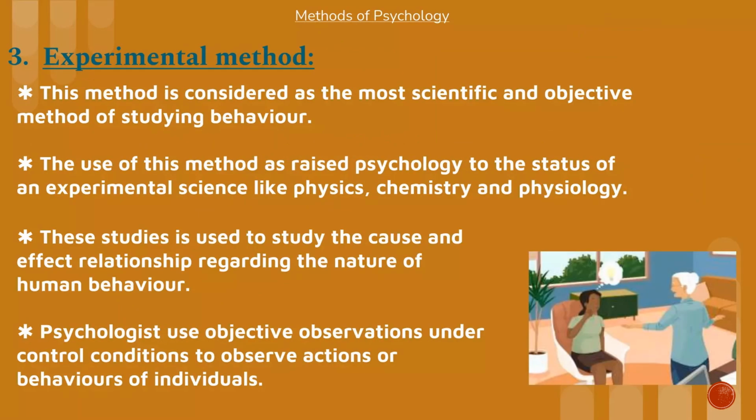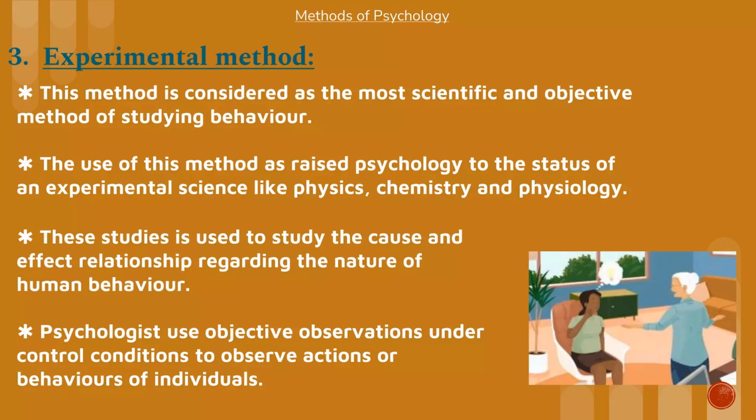Experimental method means this is the most scientific and objective method of studying behavior. The use of this method has raised psychology to the status of an experimental science like physics, chemistry, physiology and other controlled branches of science. These studies are used to study the cause and effect relationship. The cause of the behavior and the effect of that cause can be made out from these studies.